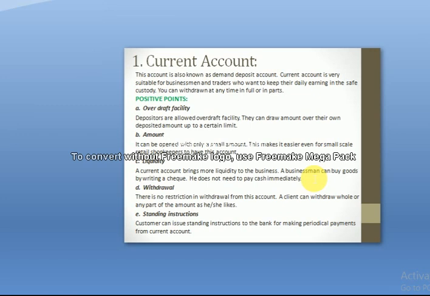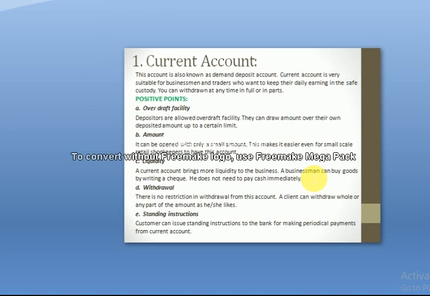The first advantage of the current account is the overdraft facility. The account holders or depositors are allowed the overdraft facility. They can draw amounts over their own deposited amount up to a certain limit.